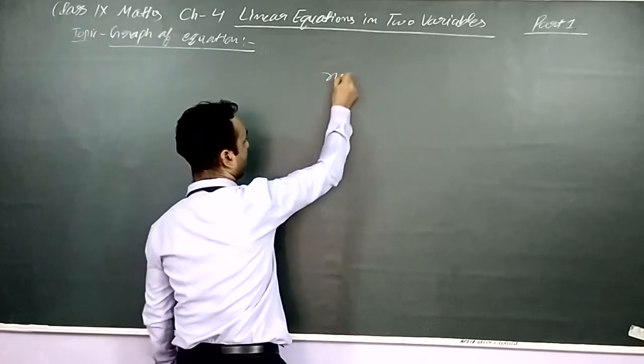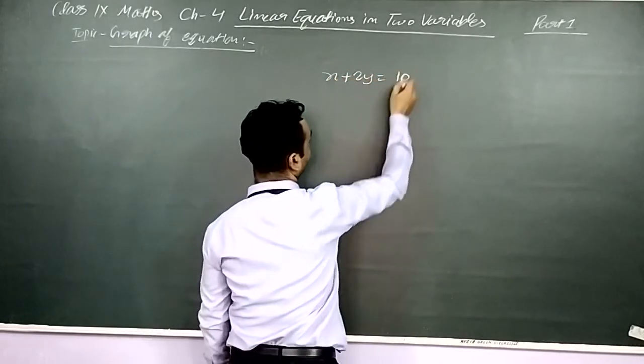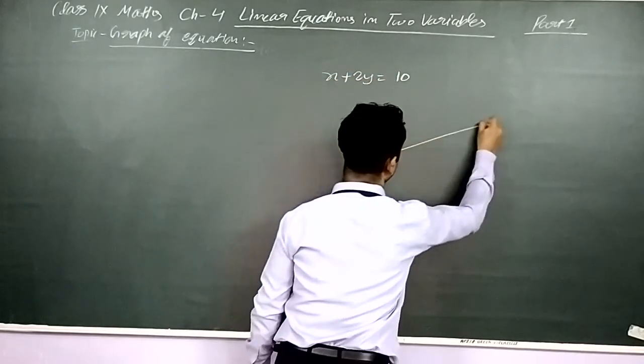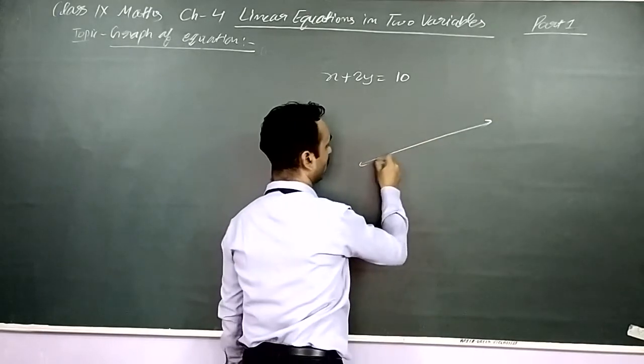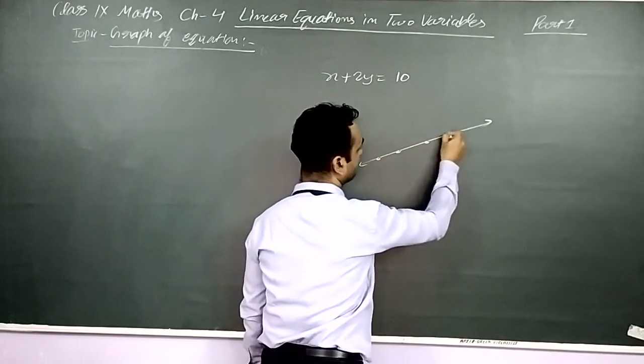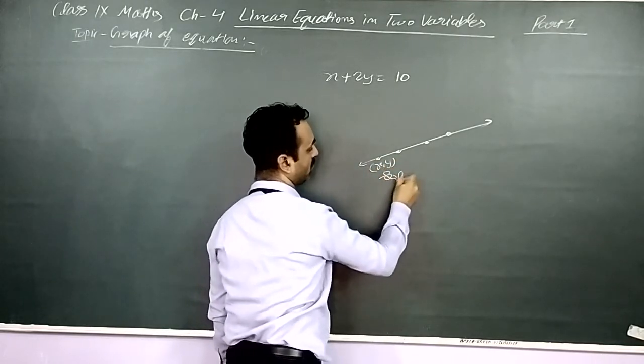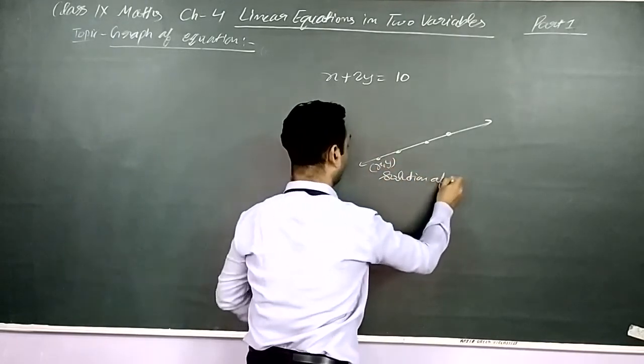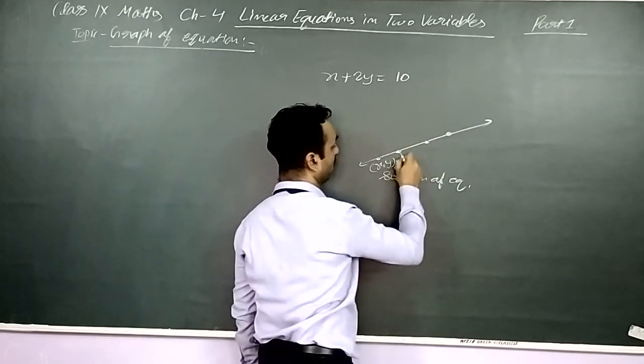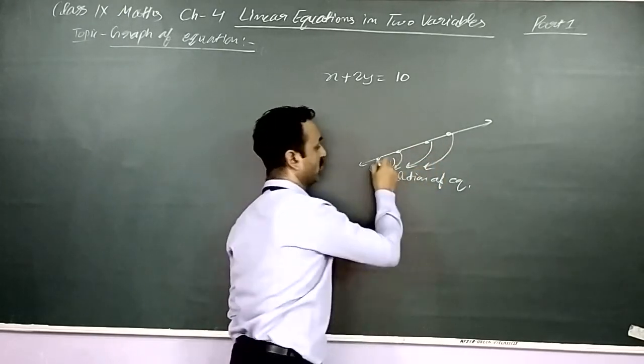So suppose you are writing x plus 2y is equals to 10. So it will represent a straight line. On a straight line there are some points, and each point is a solution of the equation.